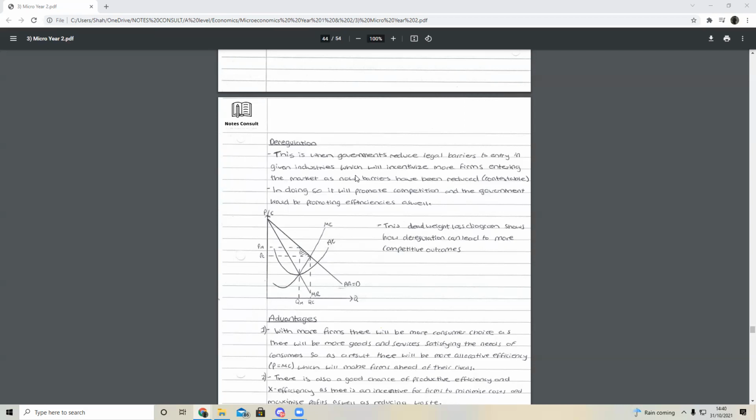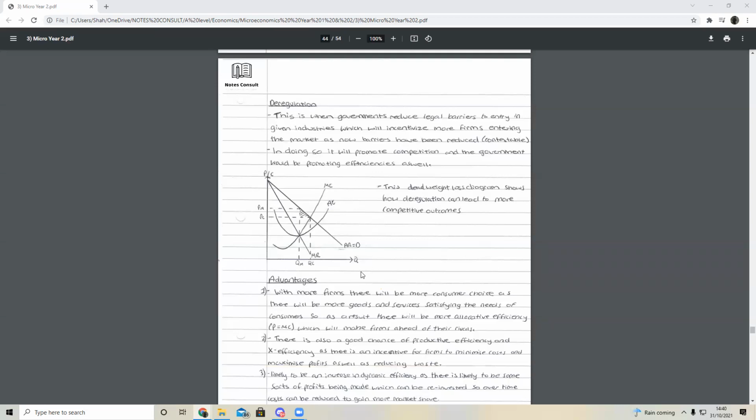So by deregulating, reducing barriers to entry and exit, you're allowing more firms to come into the market and compete with each other, which will drive down prices and increase efficiency. Basically making it more contestable, like we saw.